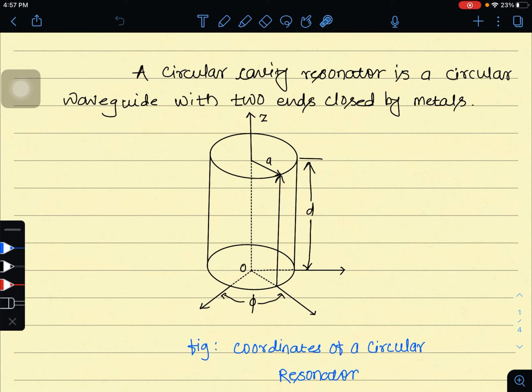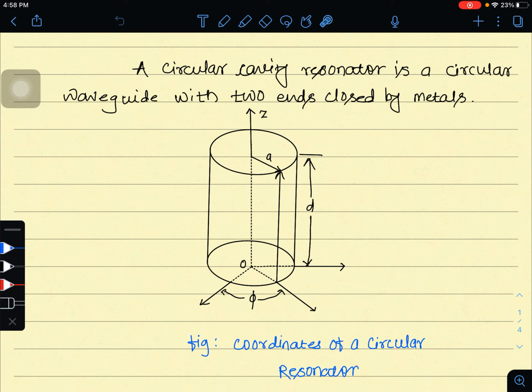In the circular cavity resonator, it is necessary to choose the harmonic function in Z to satisfy the boundary conditions.